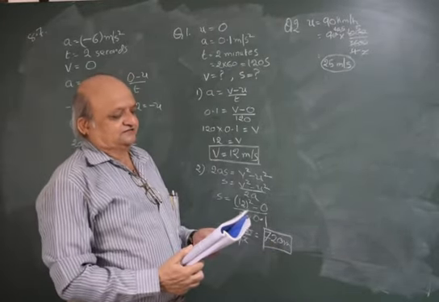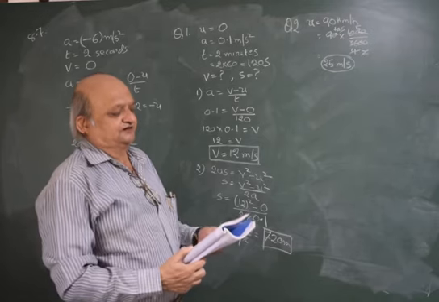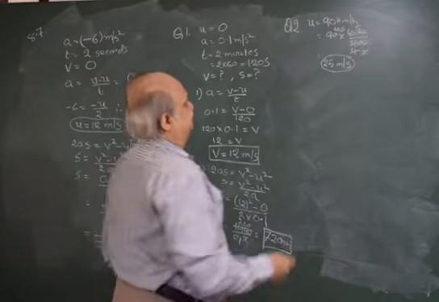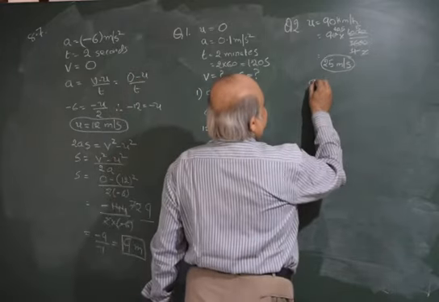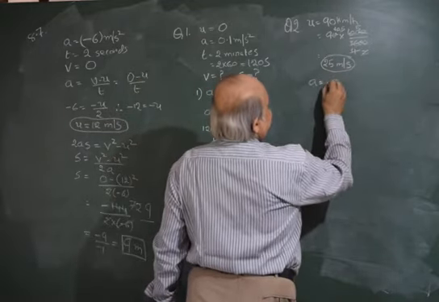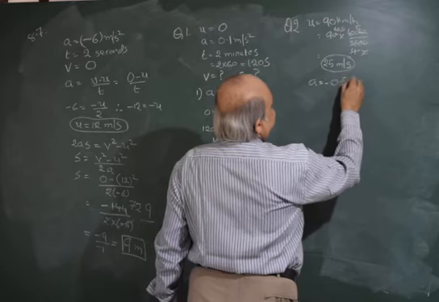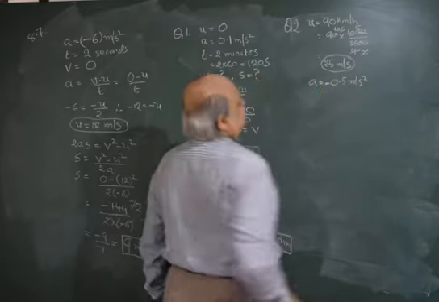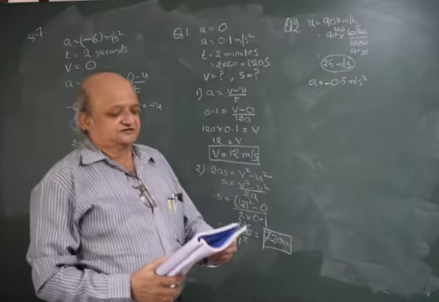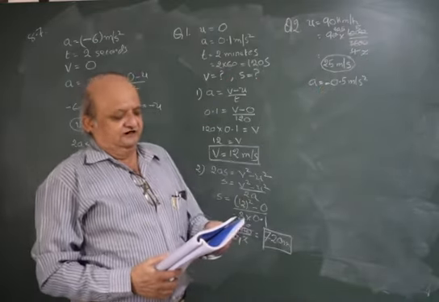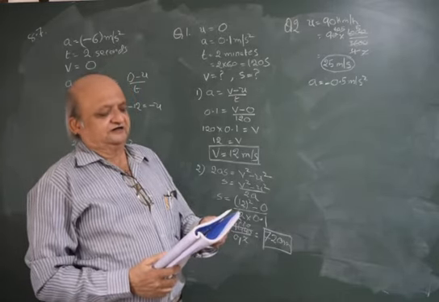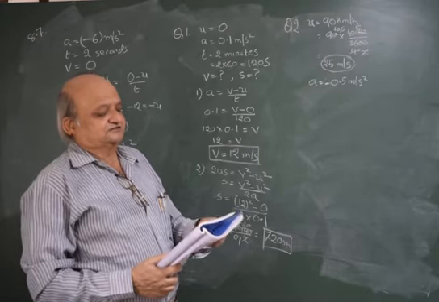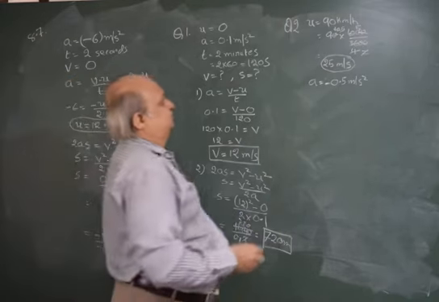Brakes are applied so as to produce a uniform acceleration of minus 0.5 meter per second square. Remember, it is acceleration in opposite direction to the motion. Find how far the train may go before it is brought to rest.